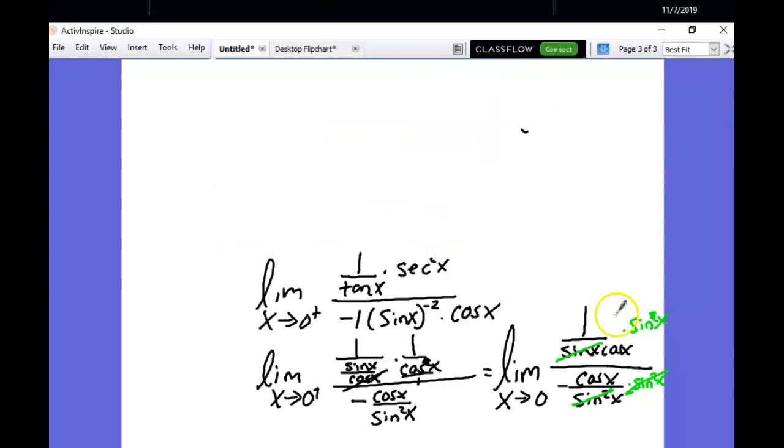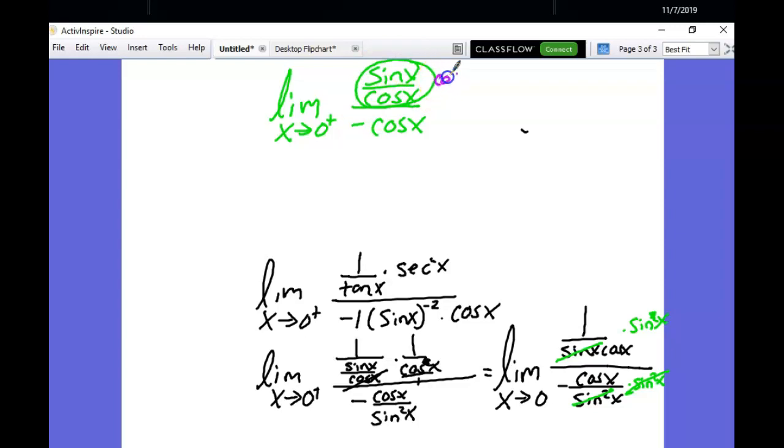All right, so on the top we have, write this again, sine x over cosine x. And on the bottom, we're still left with a negative cosine x. We're getting there. Let's keep going. The next thing I want to do is, I don't like this fraction on the top, so I'm going to multiply the top and the bottom by cosine x. Cancel that out.